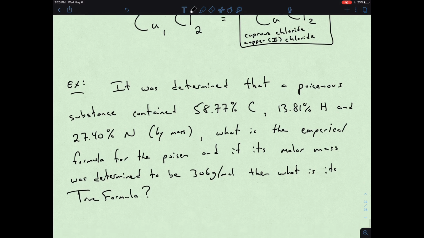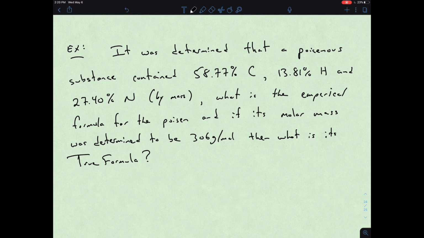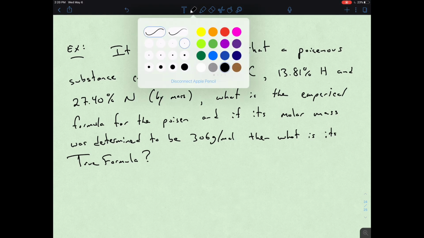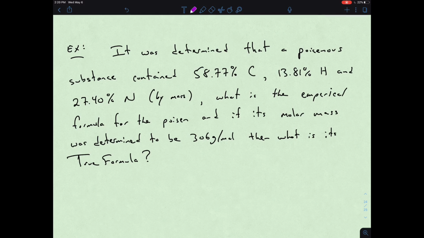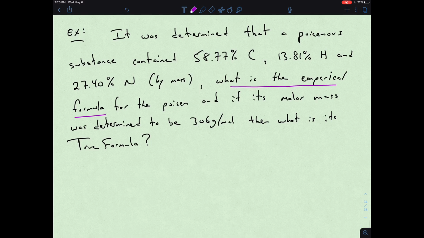Okay, so now adding a little bit more to the question. In terms of breaking things down, first we want to know what the empirical formula is. And so we can think about that as one: what is the empirical formula? Here, looking at carbon moles, hydrogen moles, and nitrogen moles.